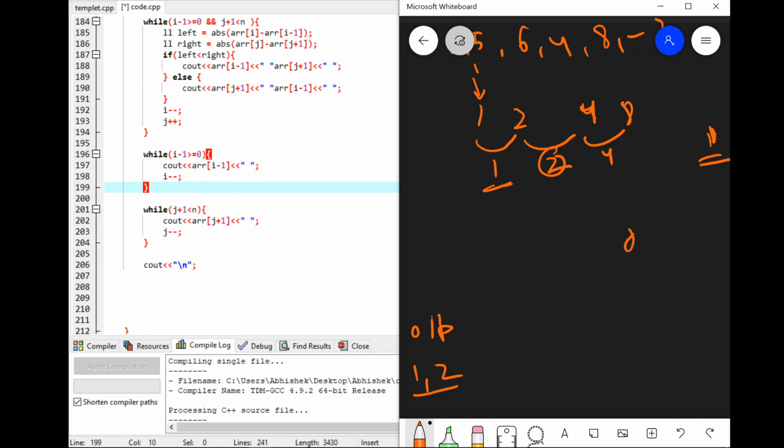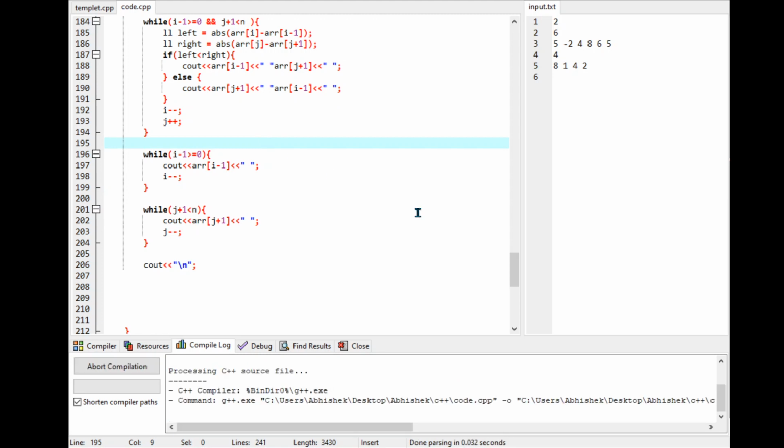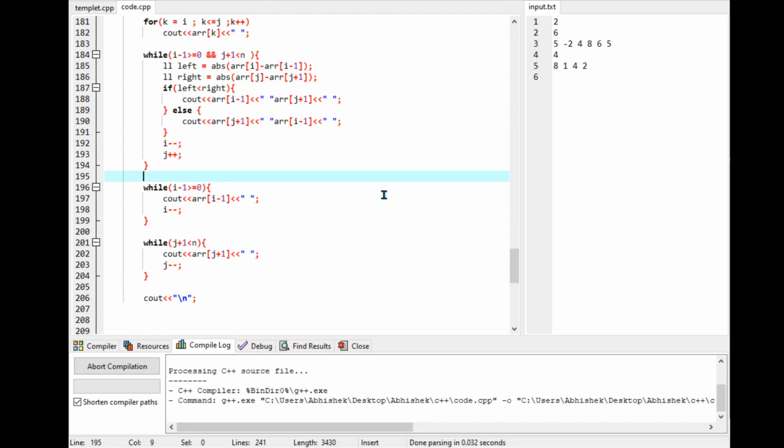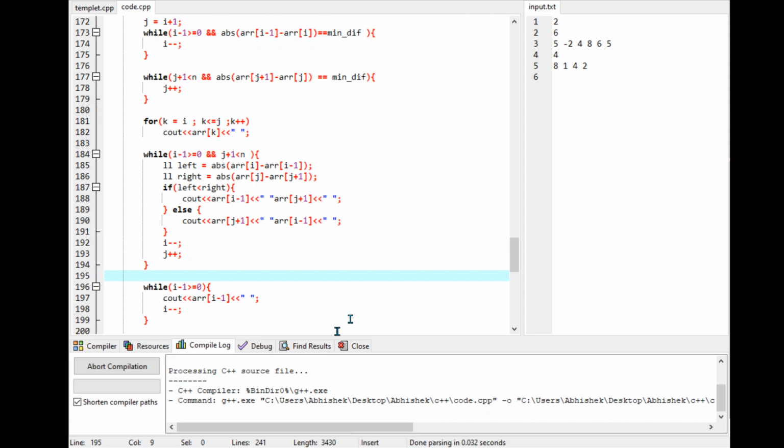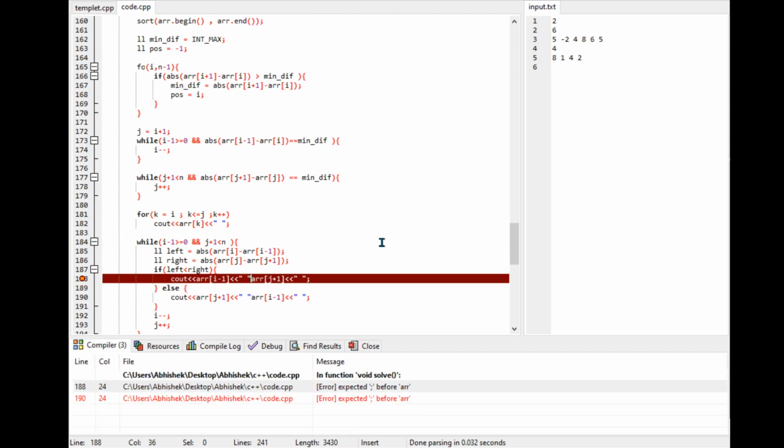So j is at 0 1, then j plus 1 is 2, which is less than n, so we would be printing 4, and then again j would become 2, 2 plus 1 is 3, which is less, so we would be printing 8, and j would become 3, so 3 plus 1 is 4, which is equal, so I think this would work. Now let's just run this and test. Hopefully it is processing and it should give the right answer.